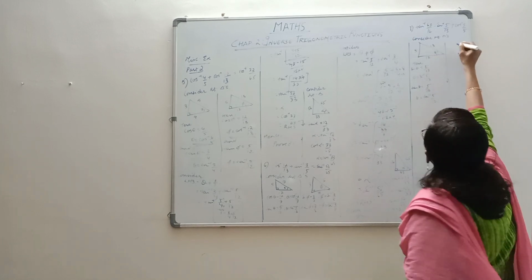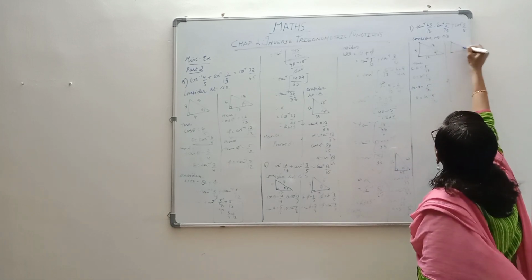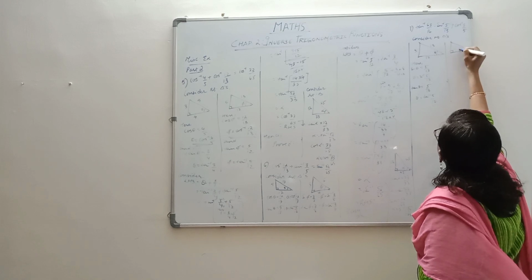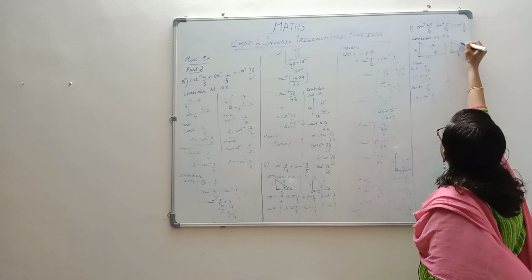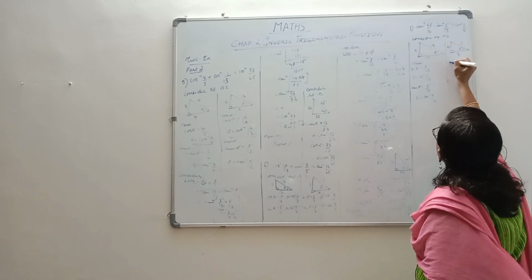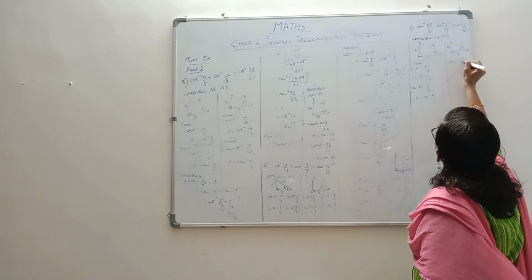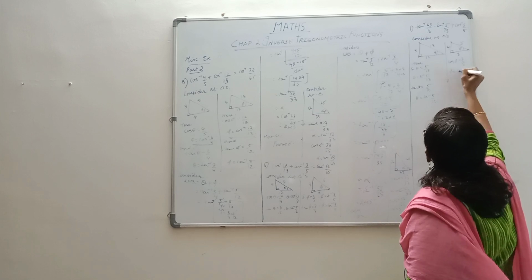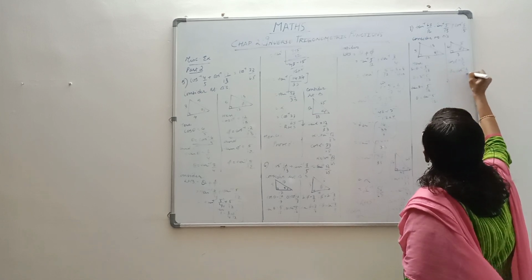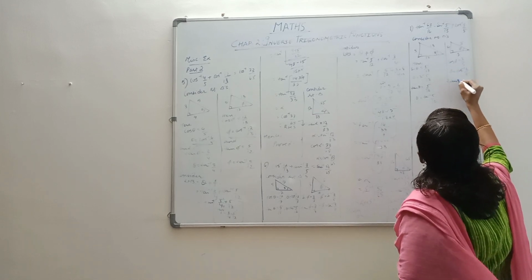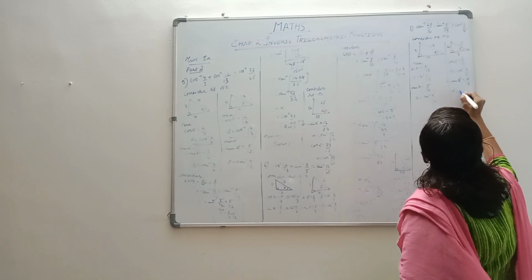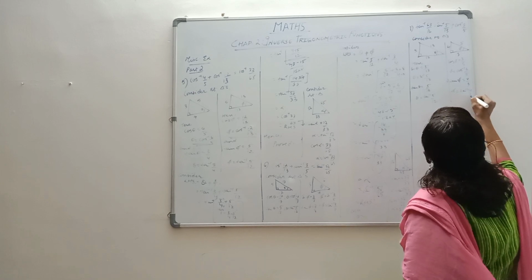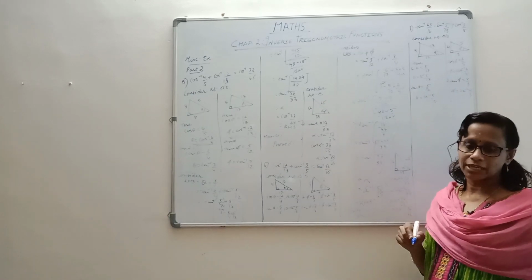Then phi is, cos phi is 3 by 5. Phi is cos inverse of 3 by 5. Tan phi is 4 by 3. Phi is tan inverse of 4 by 3.